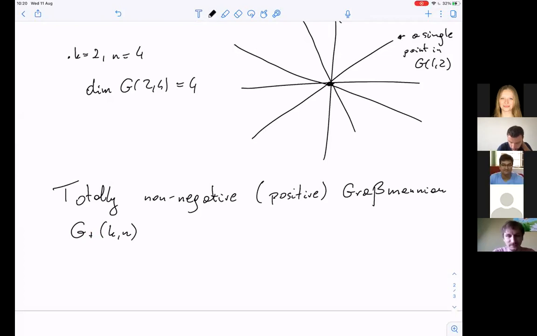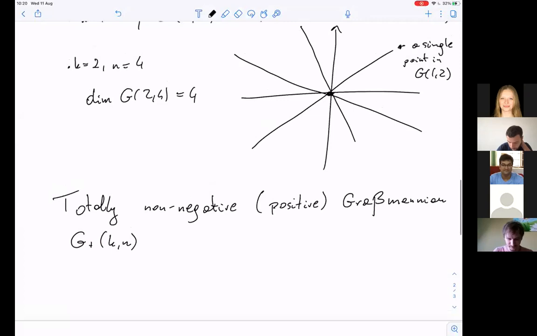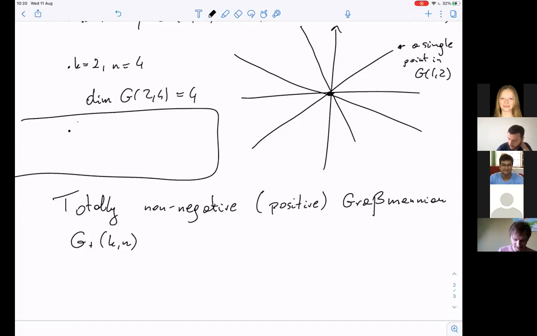Okay, there's a question? Yeah, so you said that G(2,4) is the first non-trivial example? Yes. But what about G(2,3)? That has dimension 2, right? That's correct. Thank you. So k equal to 2, n equal to 3, G(2,3) is a collection of two-dimensional subspaces inside of three-dimensional space.